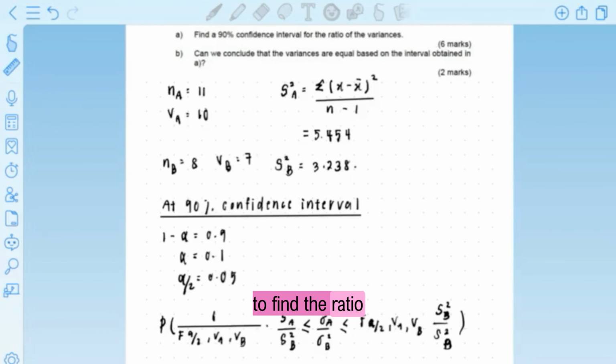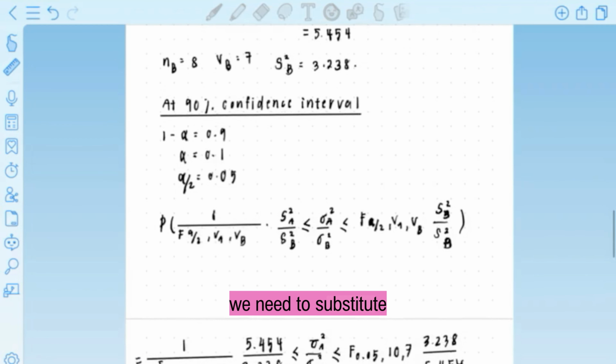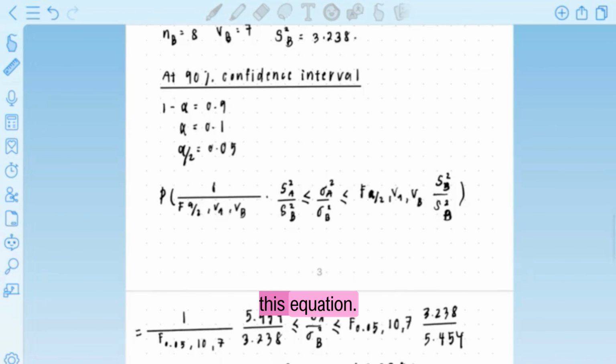So to find the ratio of variances at 90% confidence interval, the first step is we need to calculate the alpha over 2. Since we're given 1 minus alpha is equal to 0.9, alpha is equal to 0.1. Thus alpha over 2 is equal to 0.05. The next step is we need to substitute all of the information that we have listed above in this equation.